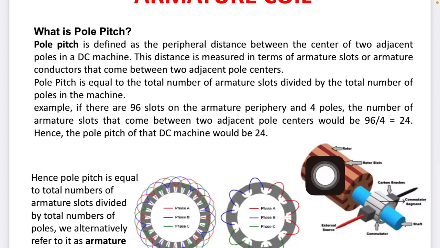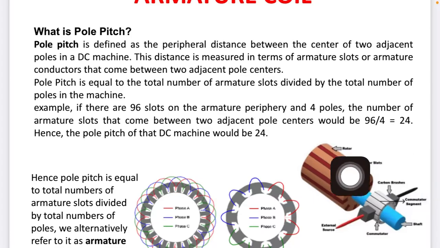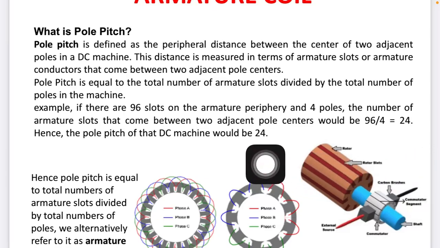You can see over here, if there are 96 armature slots, and we have a 4 pole machine, what is the pole pitch? 96 divided by 4 is equal to 24. So we can say the pole pitch of the DC machine is 24.